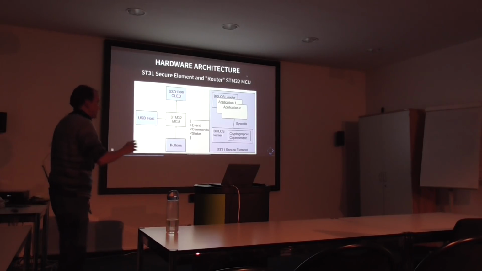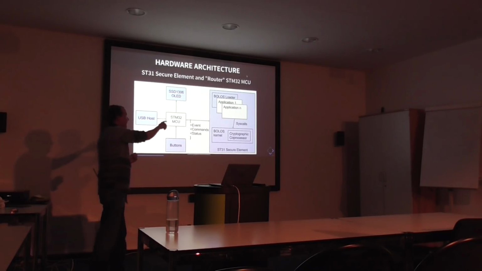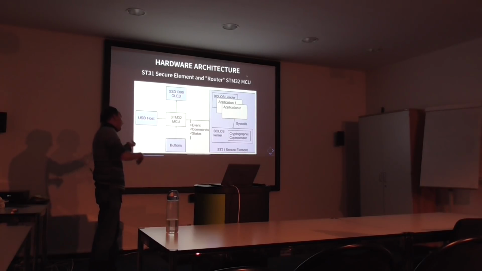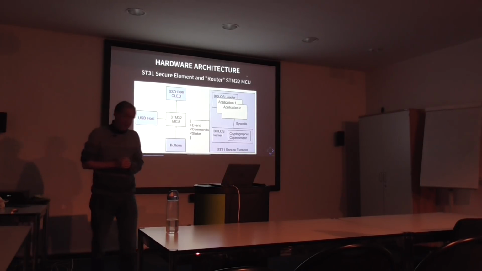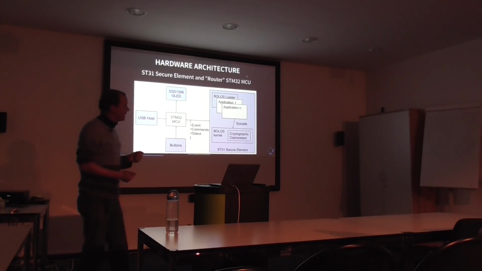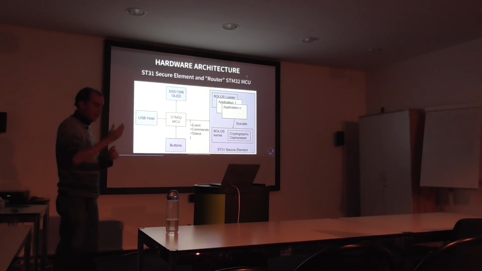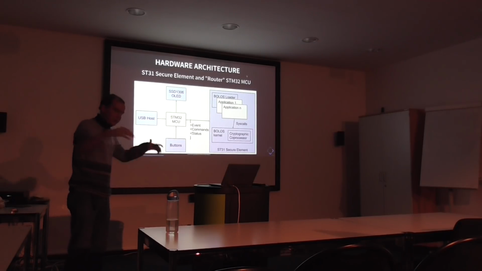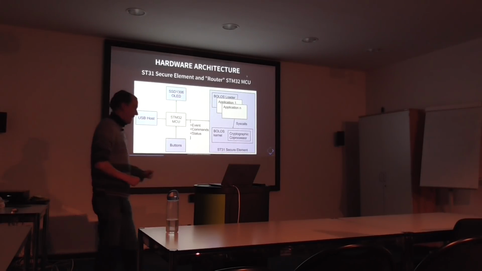So those calls get verified there, and then again it's transferred back to the application, so that in the end only one application can run at a time. And it also has some cryptographic coprocessors for the true random number generator, for example, and some hash functions are also implemented in hardware. And for that you also need to do a syscall to get to this, upload your data there, and then get your results back.